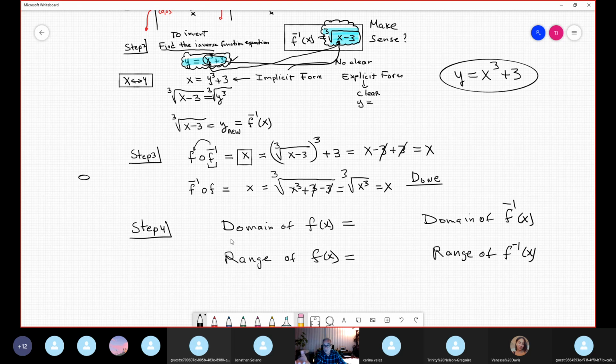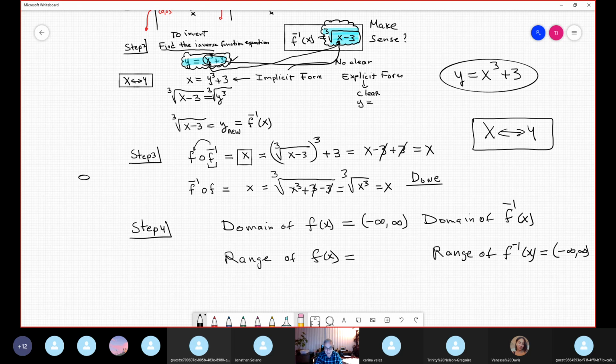This function has no division and no square root, therefore the domain is all real numbers. And by the way, this domain is equal to the range of the inverse. Why, professor? Because remember, the only thing we did to find the inverse was interchange x and y. So the domain of the original, x, is transferred 100% to the y of the inverse.